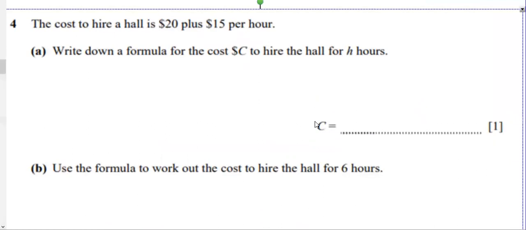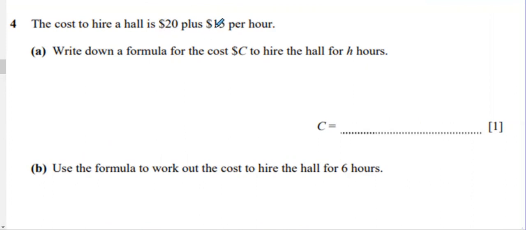The cost to hire a hall is $20 plus $15 per hour. So you are given that the cost to hire a hall is $20 plus $15 per hour.